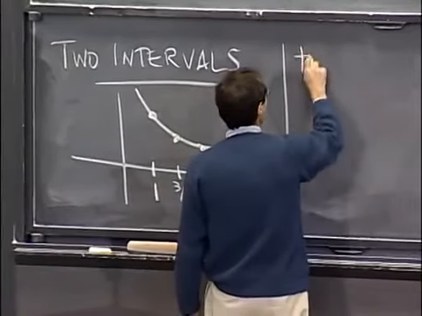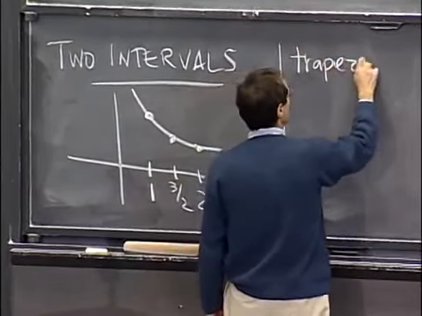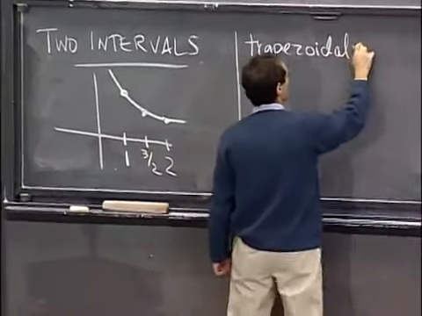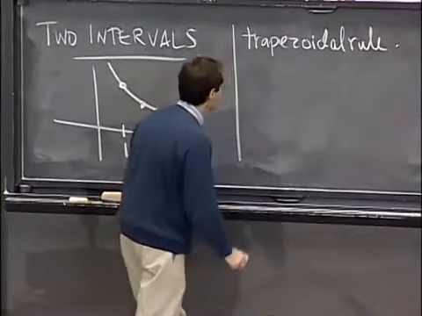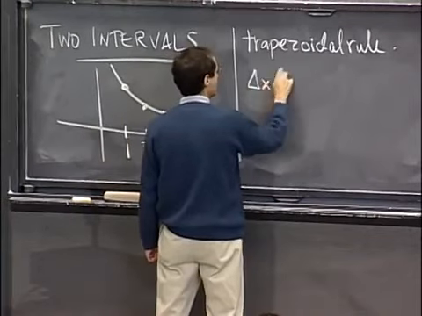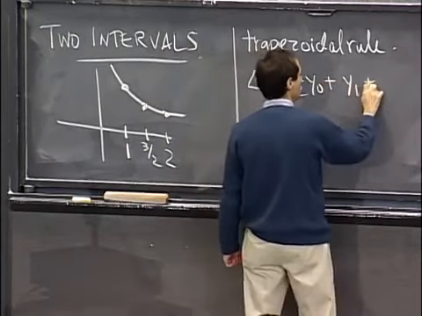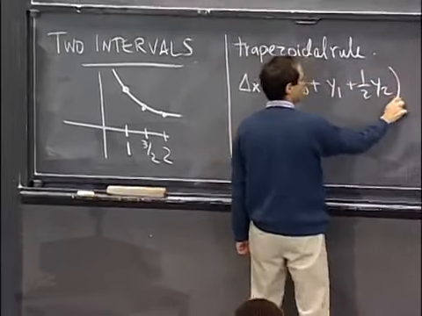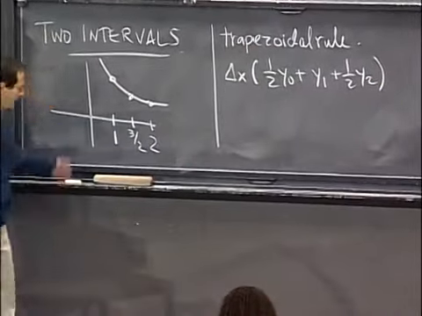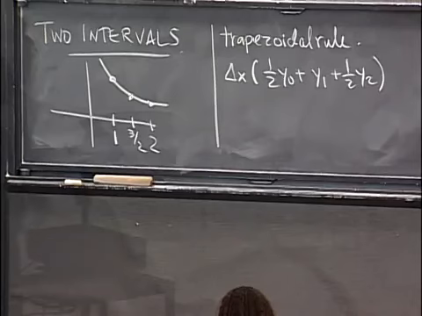Now, the trapezoidal rule is the following formula. It's delta x times a half the first value plus the second value plus a half the third value. In this case, the pattern is a half, 1, a half.